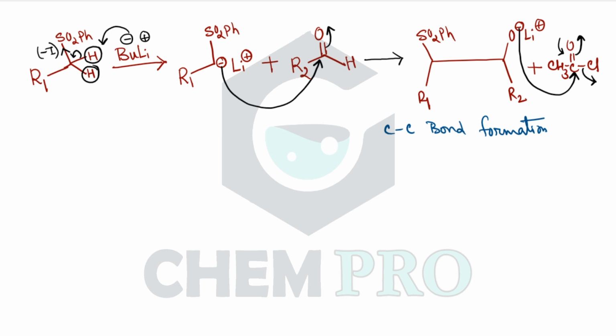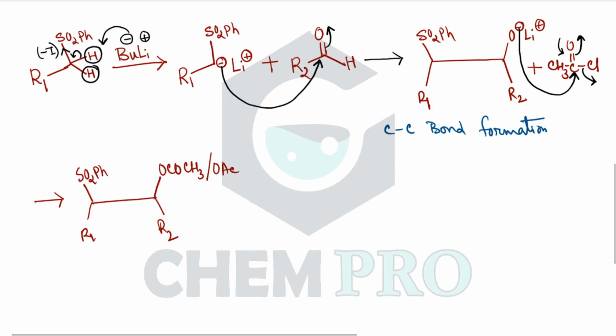So from this we have R1, R2, OCOCH3, or we can write it as OAc, and here SO2Ph. So we can easily say that this is the O acylation part.